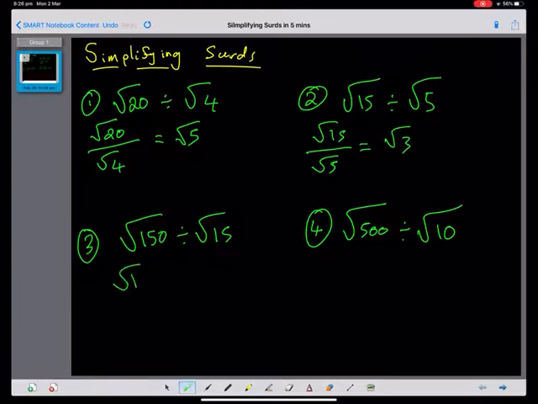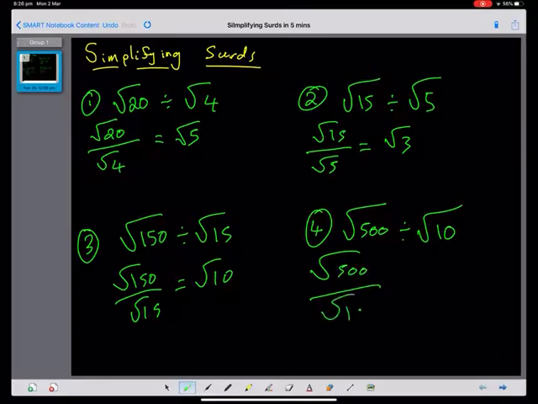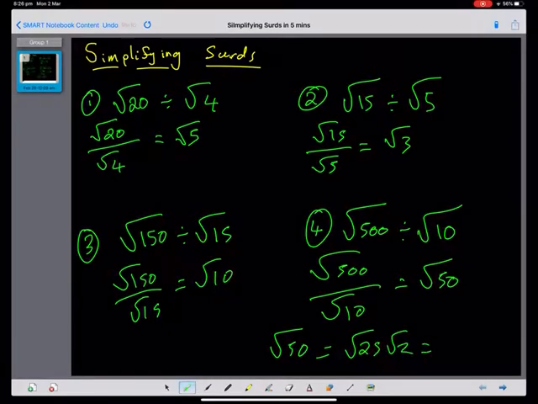We've got root 150 divided by root 15, which is simply root 10. Then we've got root 500 divided by root 10, which is just root 50. We can simplify root 50 to root 25 times root 2, which gives 5 root 2.